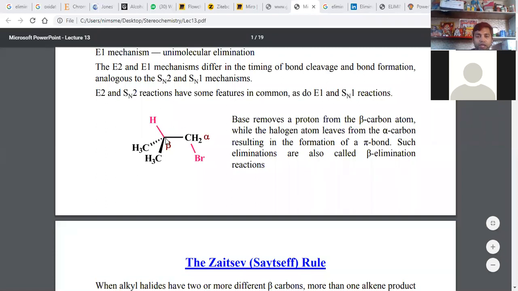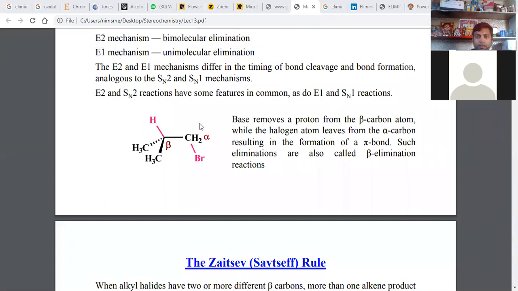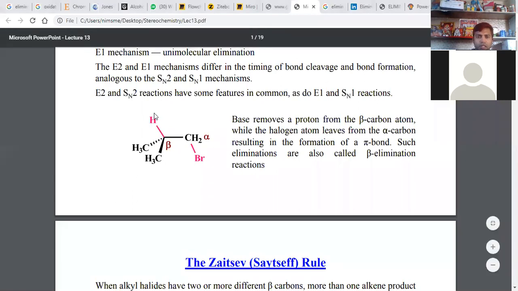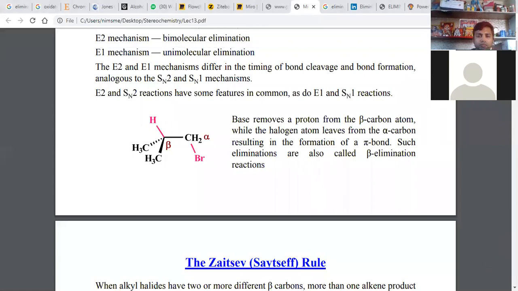So we can call this dehydrohalogenation. This hydrogen and this halogen are lost.